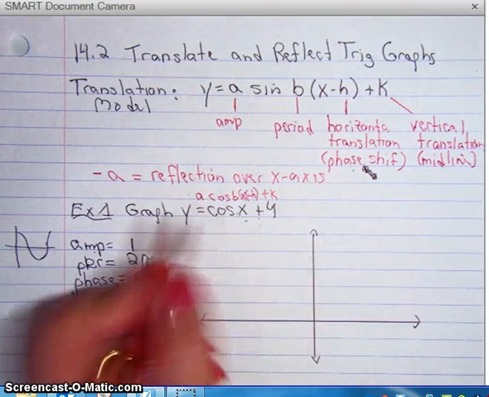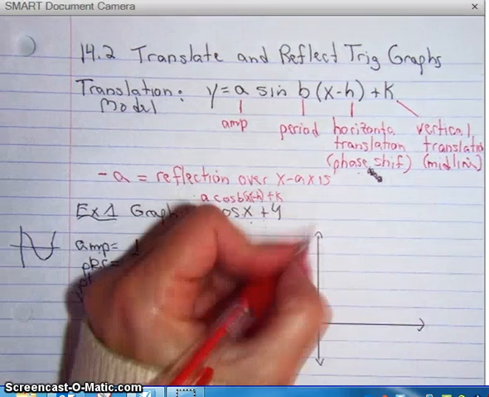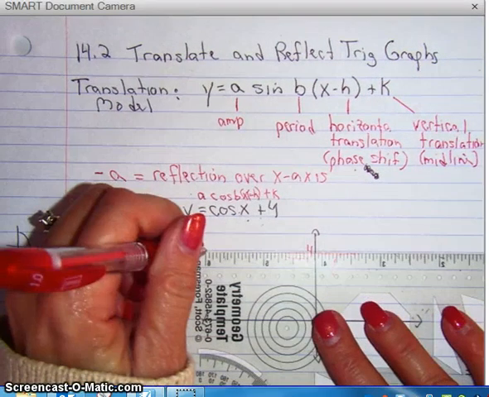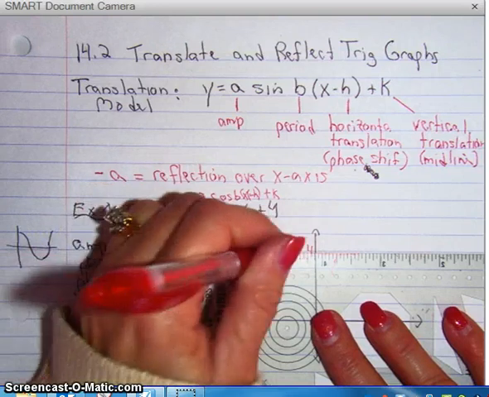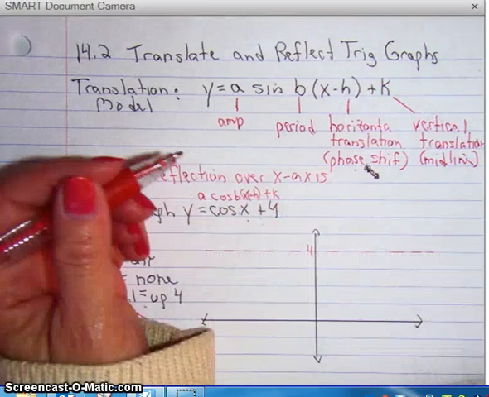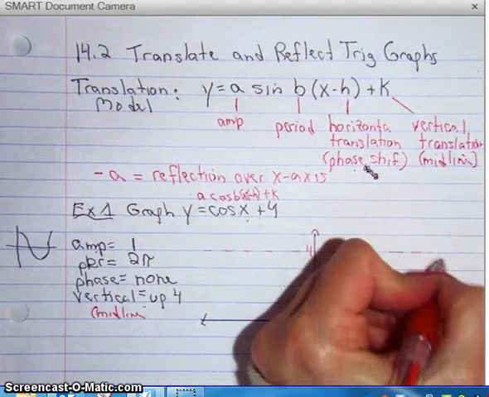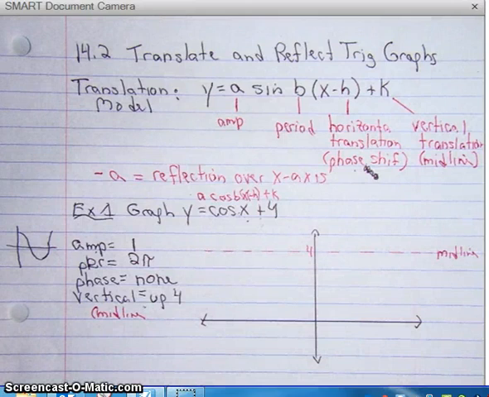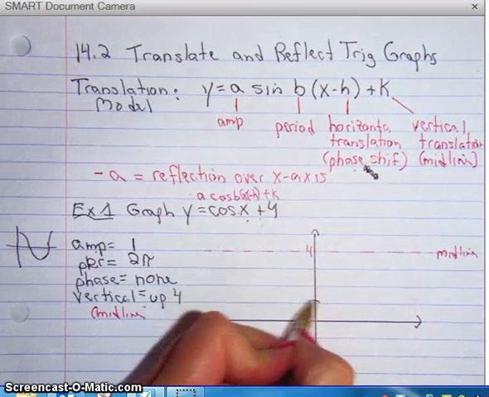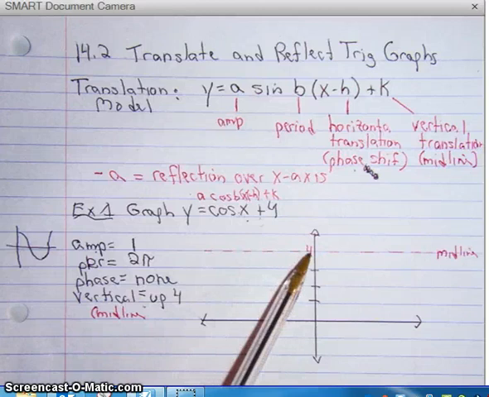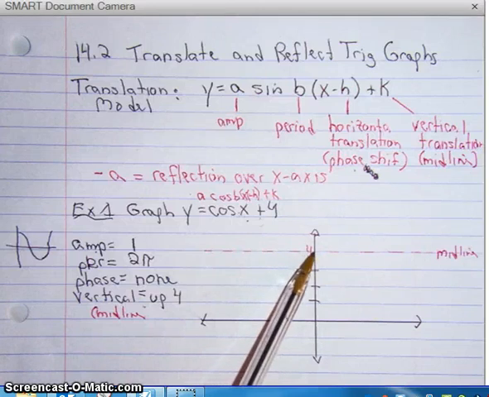And up here, at 4, we're going to put our new x-axis. So that's called the midline. Now, cosine normally starts up the amplitude.